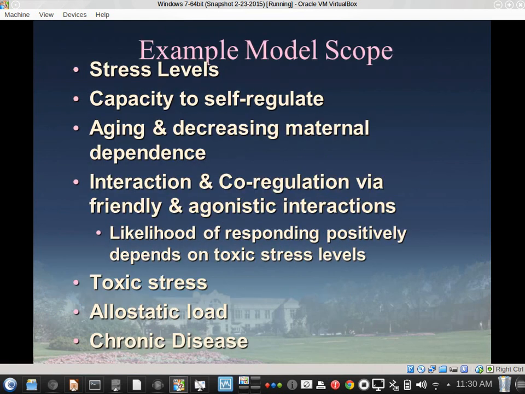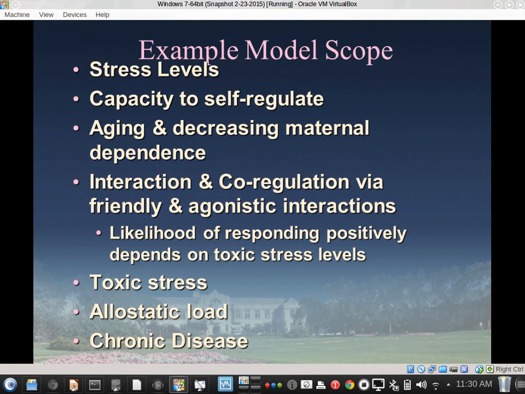Example aspects of state here might include stress levels, aspects of their current age and its evolution over time, and aspects having to do with interaction and co-regulation. These are processes that might be involved in shaping their state within this context.